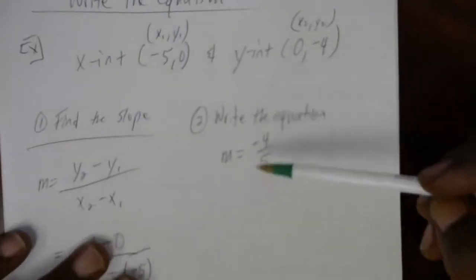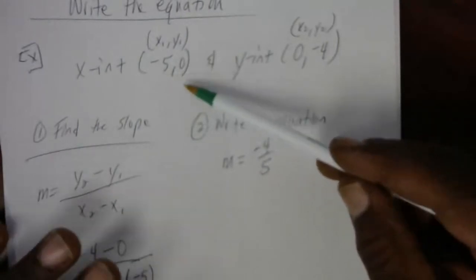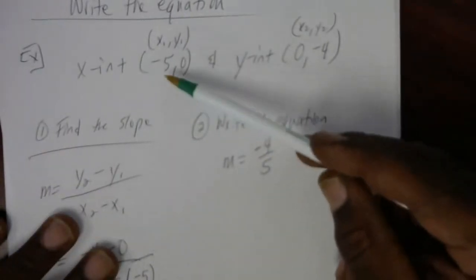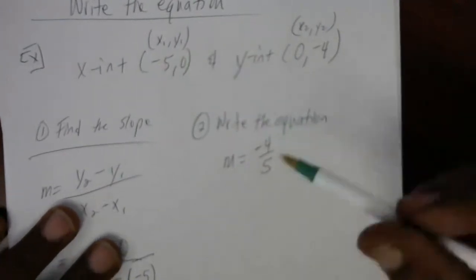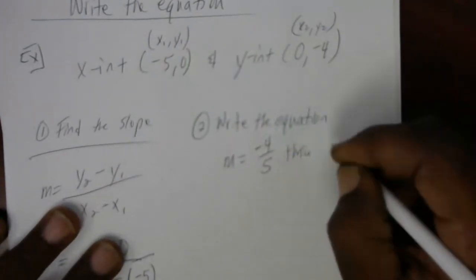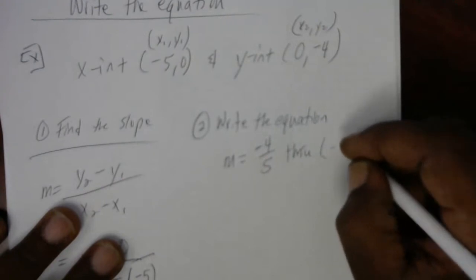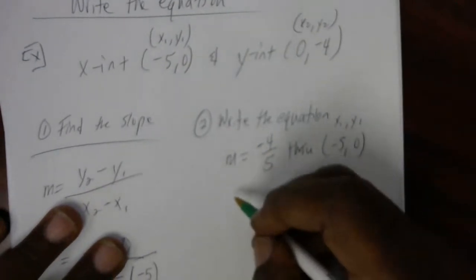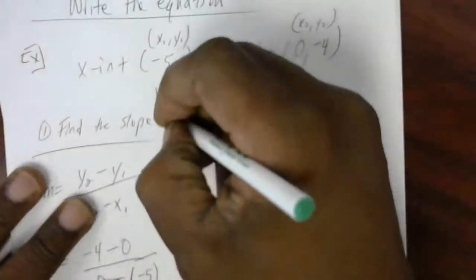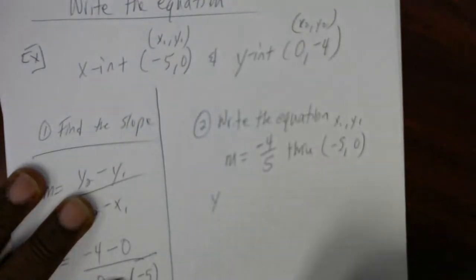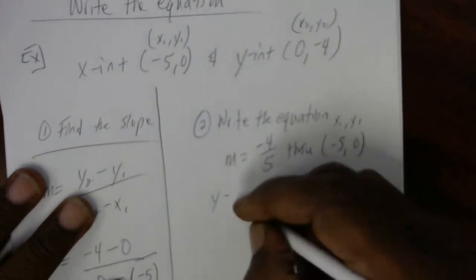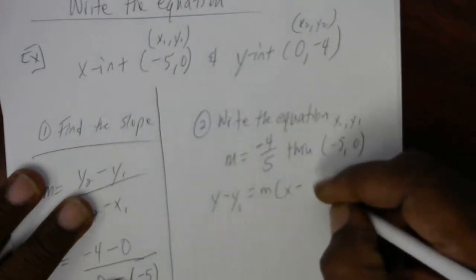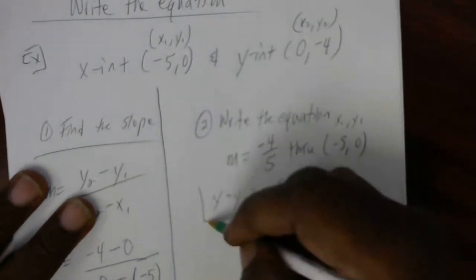But for argument's sake, I'm going to work this out quickly. Let's say we have the slope, m is equal to -4/5, and we're going to use this point on the line, x1, y1. So we write out the point slope form: y minus y1 is equal to m times x minus x1.